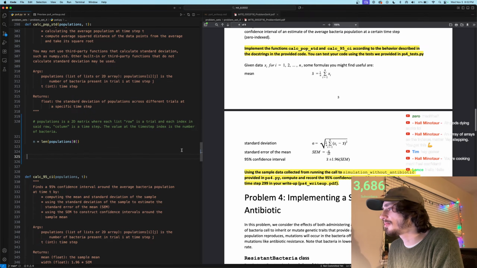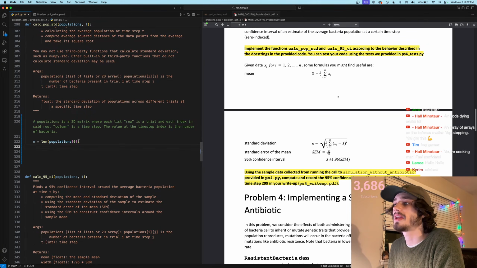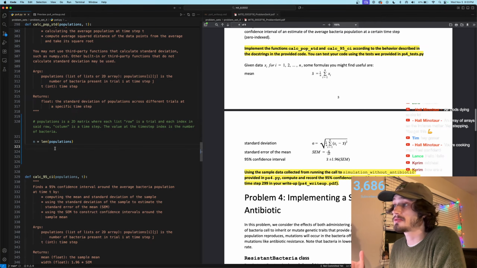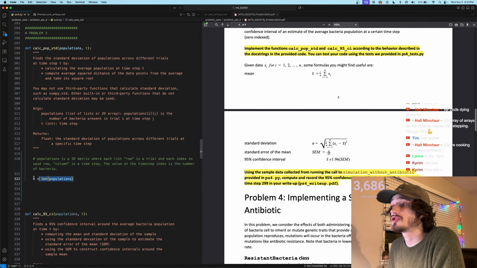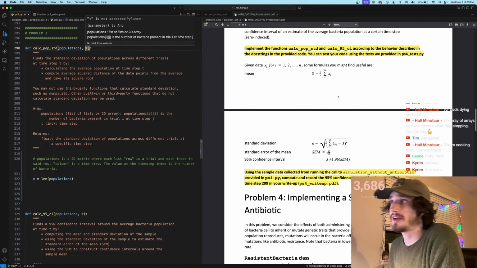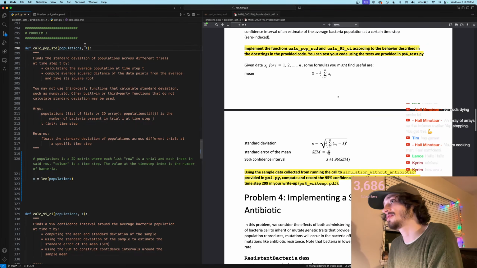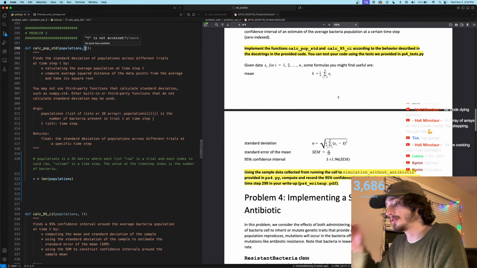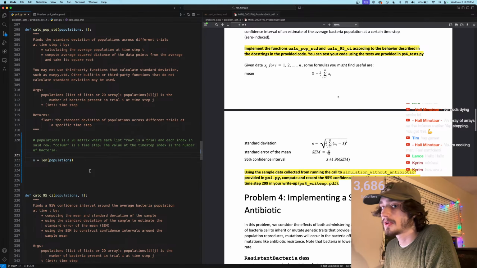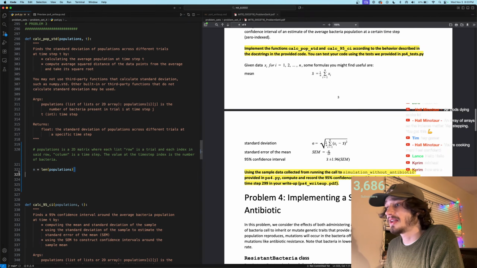No, we don't want the number of time steps. We want the length of populations because we want how many trials there were, because that corresponds to one time step per trial. You can't have duplicate time steps. You have a single time step in that trial, and the next trial you have a time step, and so on and so forth. Right, so n is the length of populations.